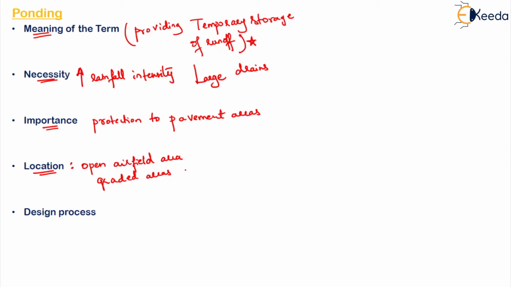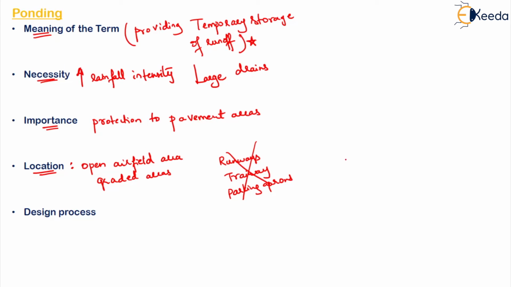It is prohibited on areas that might suffer damage due to saturation of the pavement, subgrade or base course. Such areas normally include runways, taxiways and parking apron. In all these places, we should not provide ponding.